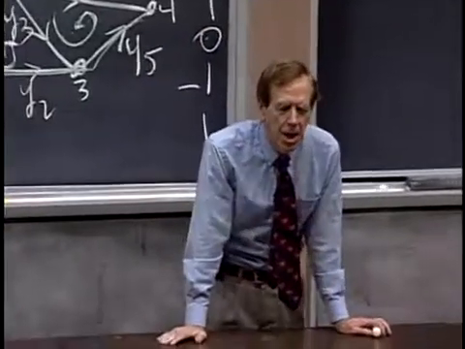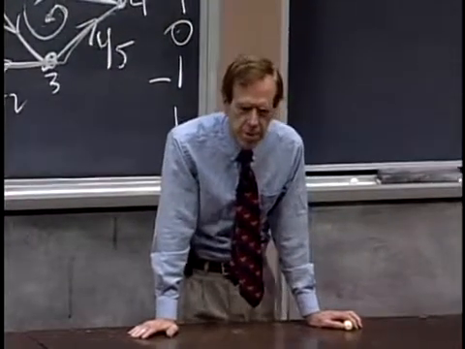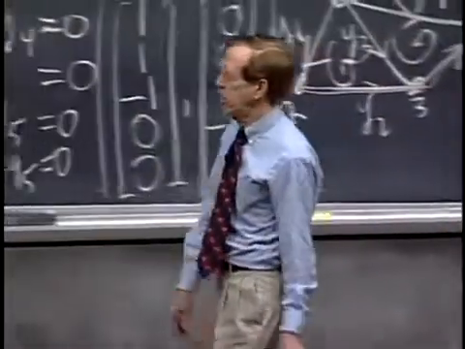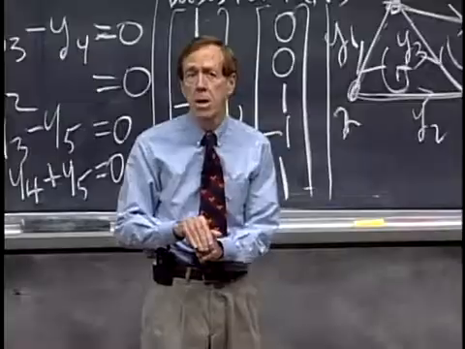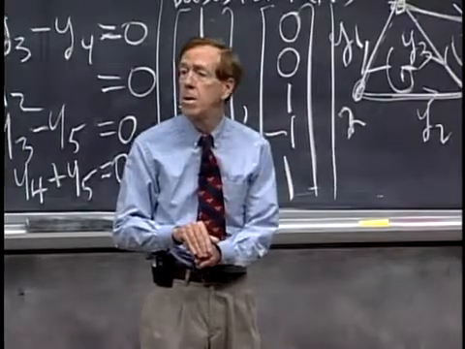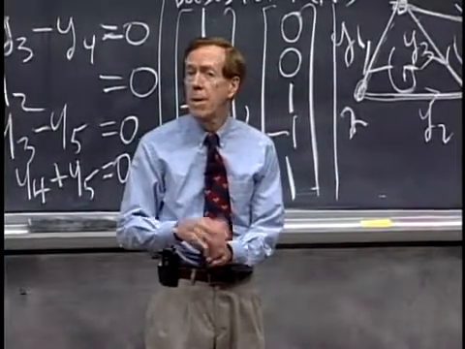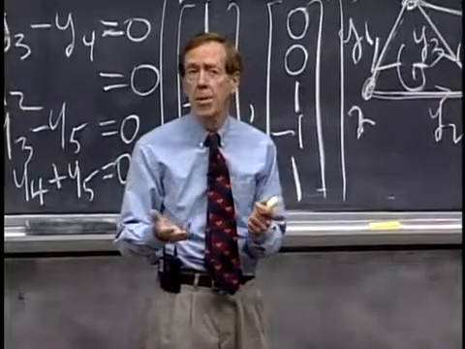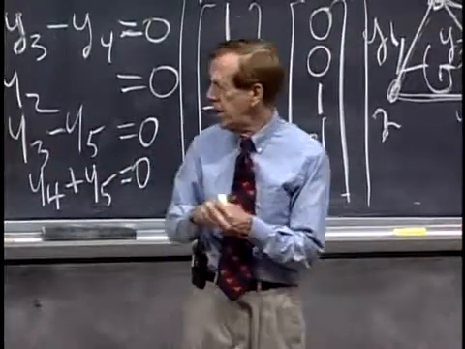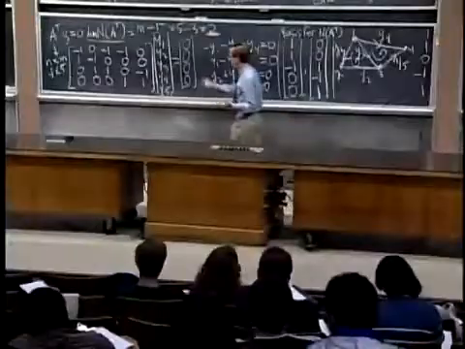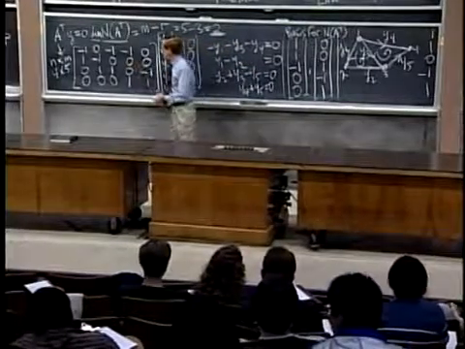What's the dimension of the row space of A? If I look at the original A, it had 5 rows. How many were independent? So I'm asking you the rank again, right? And the answer is 3, right? 3 independent rows.